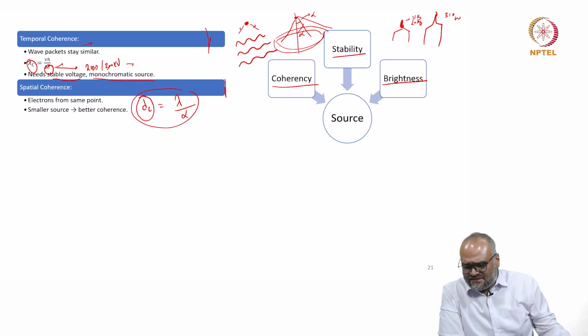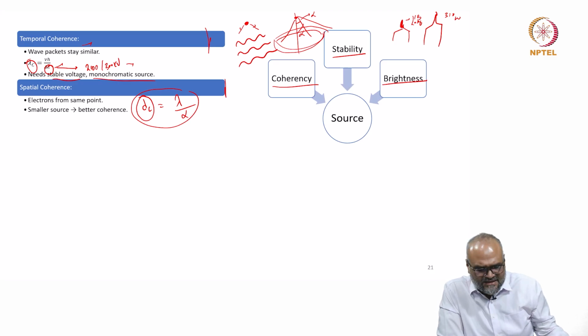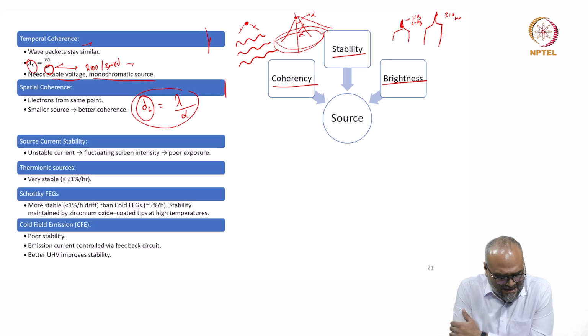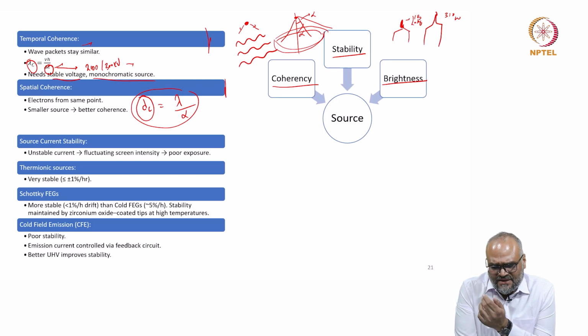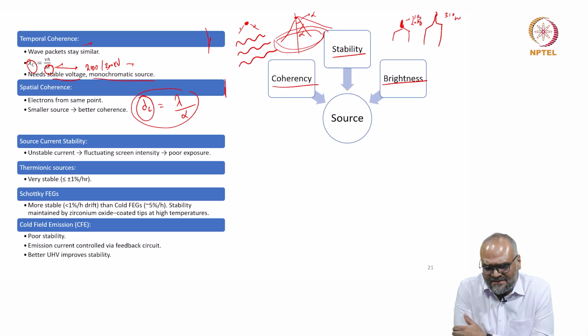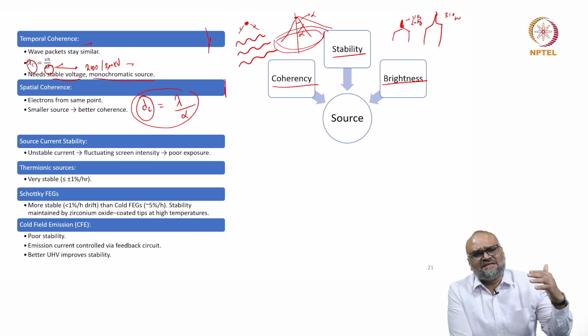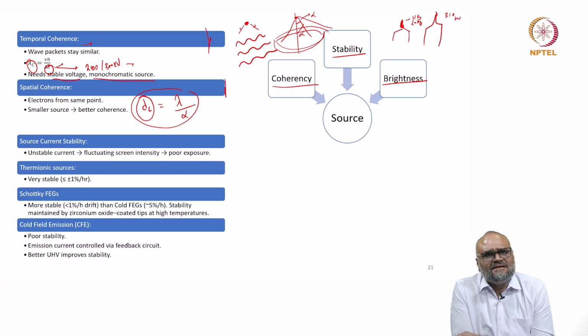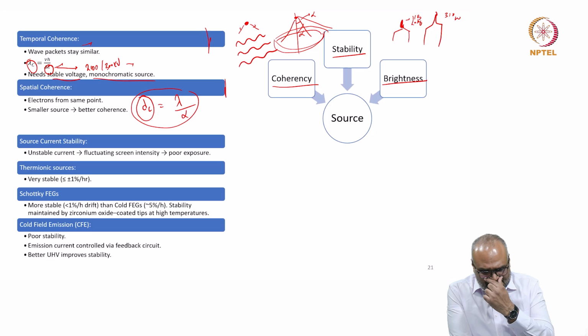Before I introduce brightness, let's have a look at the other parameter, the current stability of a source. If you have an unstable source, what happens is, while you're imaging, you've seen in the previous videos that from a thermionic emitter, after there was sustained emission, you had constant illumination on the fluorescent screen, and your emission currents remain stable.